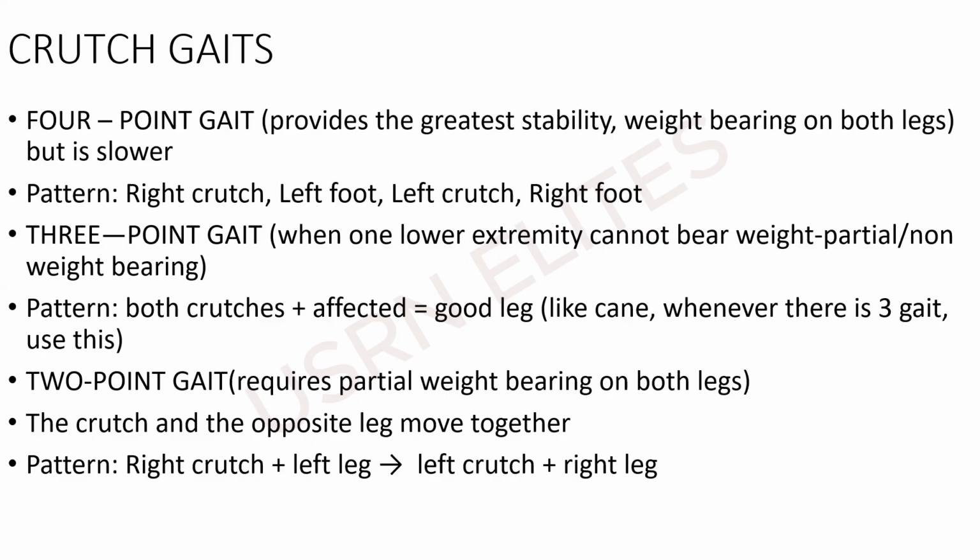So the crutches are how many? There are 2. Together with your 2 legs, making 4. So all the crutches together with your legs should be on the floor. None of your legs should be hanging, not the affected leg.